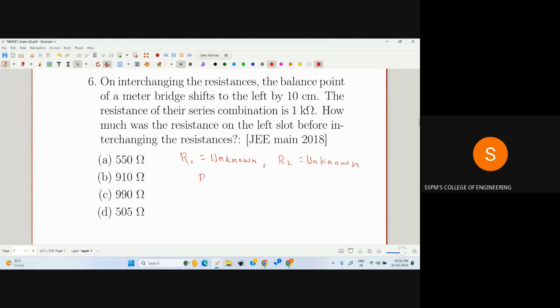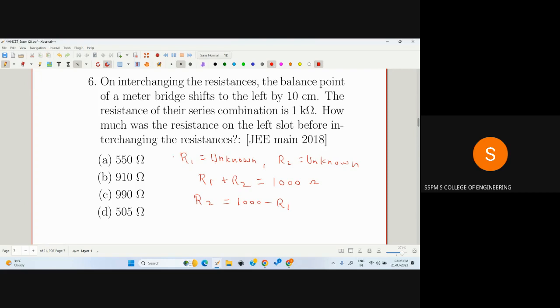The sum of R1 and R2 is 1 kilo ohm, or we can say 1000 ohm. Now with the help of this relation, we can find the relation for R2. R2 is equal to 1000 minus R1. Isn't it?